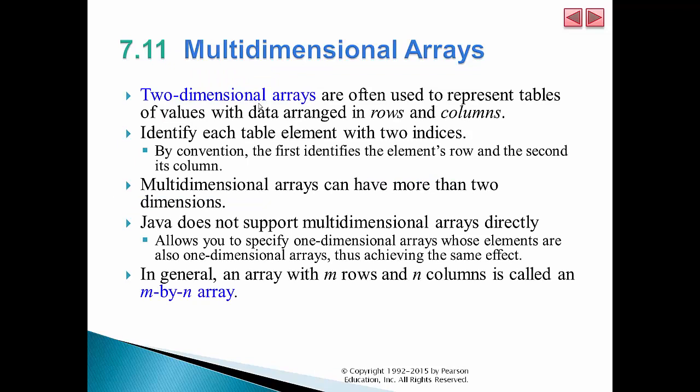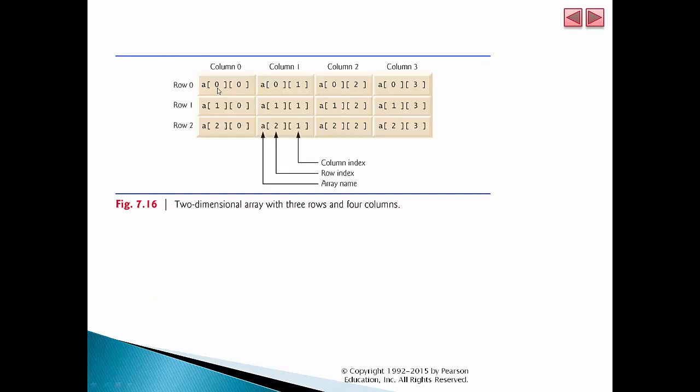It looks like a table, but what it really is is just an array of arrays. So if you look at this, this is the zeroth element of the array, but the zeroth row is in fact an array itself, right? It has 4 elements, and row 1 is an array itself, and row 2 is an array itself.